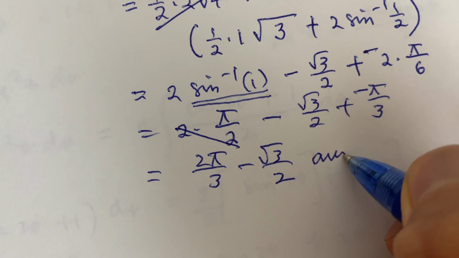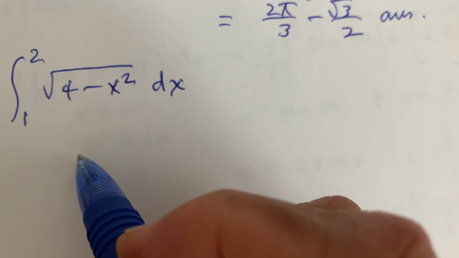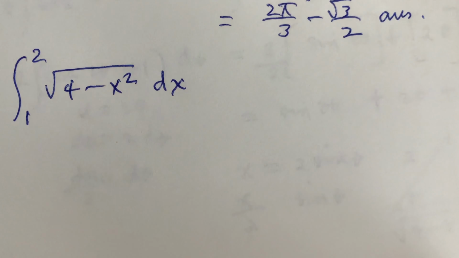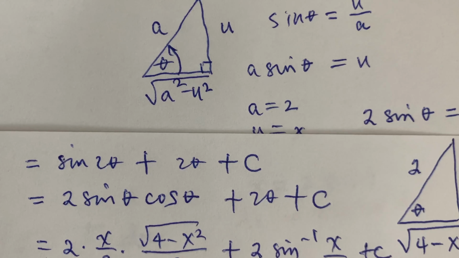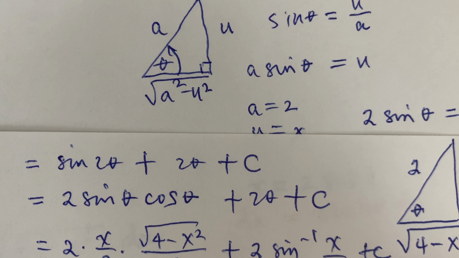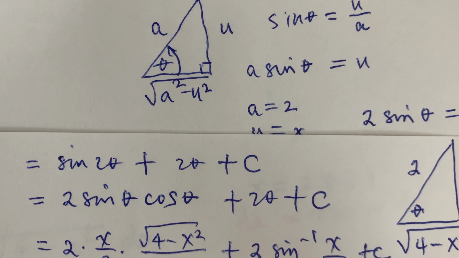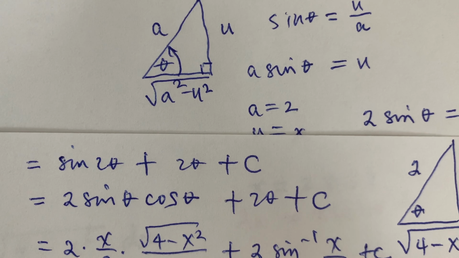I'm now going to show you another way of evaluating this definite integral in terms of theta. Earlier we said that our solution was sine 2 theta plus 2 theta plus c. We don't really have to go through all the succeeding steps in terms of x if we are simply evaluating a definite integral.